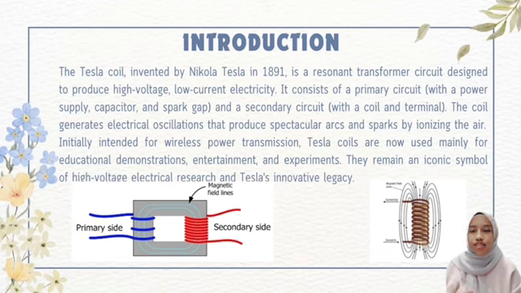The coil generates electrical oscillations that produce spectacular arcs and sparks by ionizing the air. Initially intended for wireless power transmission, Tesla coils are now used mainly for educational demonstration, entertainment, and experiments. They remain an iconic symbol of high voltage electrical research and Tesla's innovative legacy.